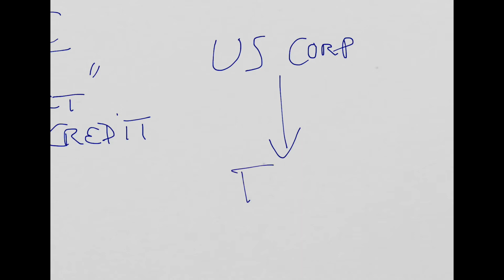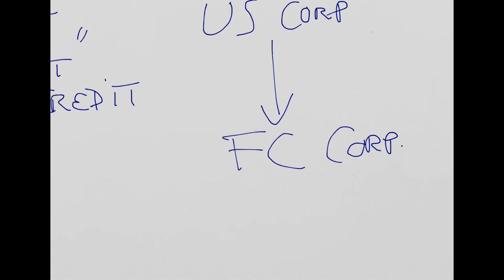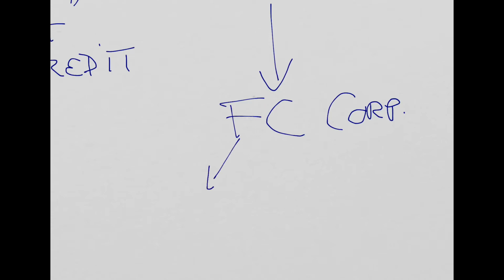So you have a U.S. corporation, and what they'll do is they'll own a foreign corporation, FC Corp, foreign corporation, to double up the language. And what happens is that the foreign corporation will pay a tax on its earnings, so it will have a foreign tax on what it earns.